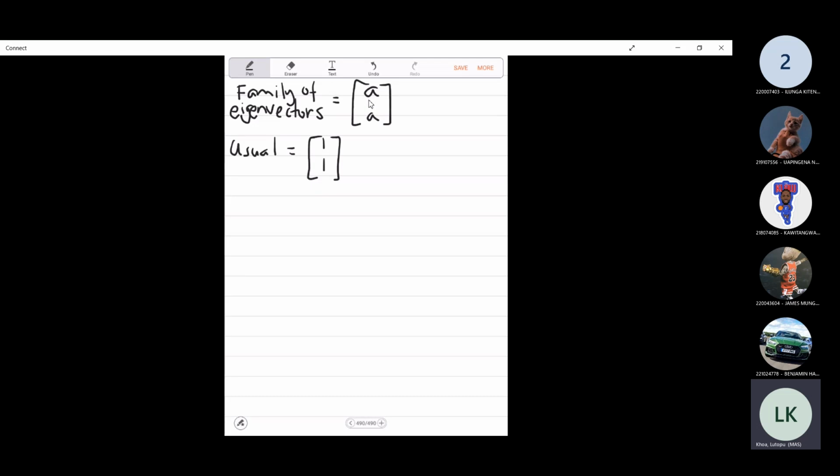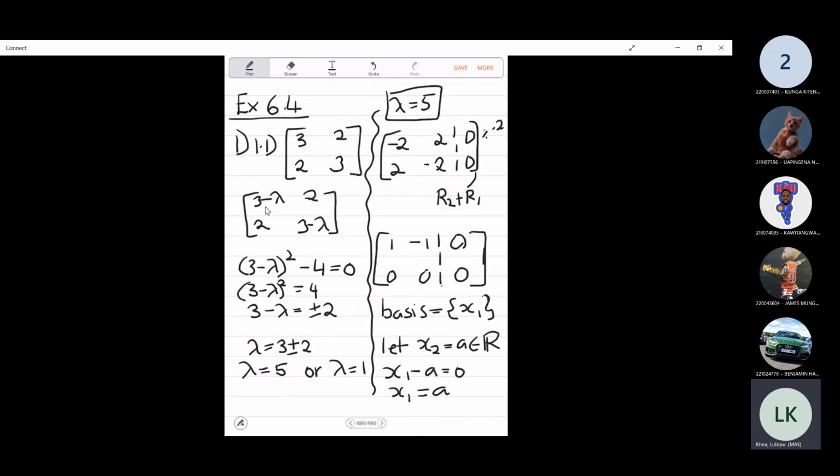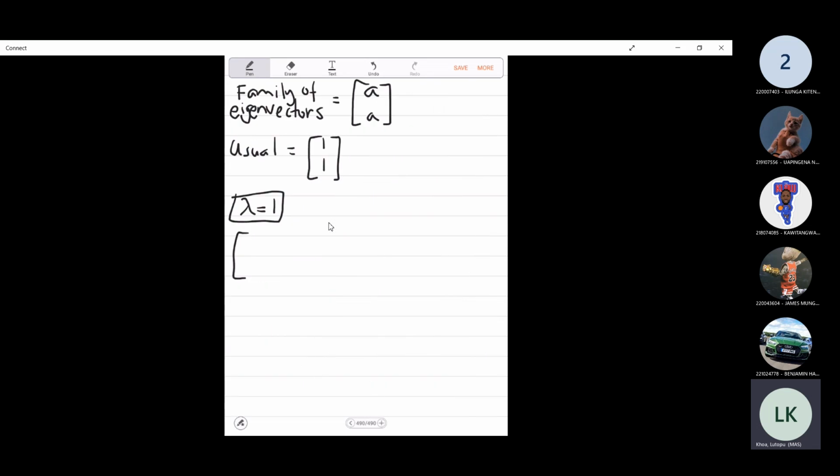Then we do the same thing when lambda is equal to 1. So with our matrix here, we'll substitute 1. So we have 3 minus 1, and over here we have 3 minus 1. This will give us 2, 2, 2, 2, and we have 0 here, 0 there.